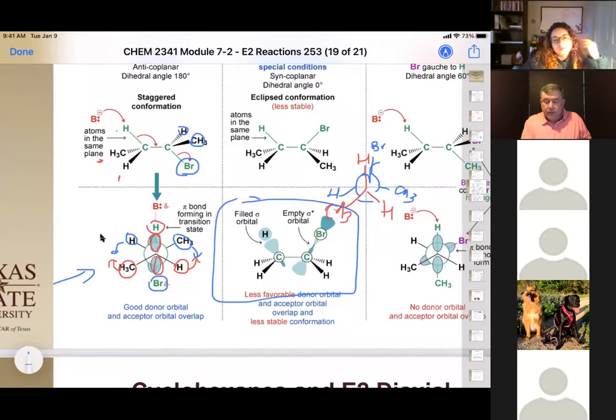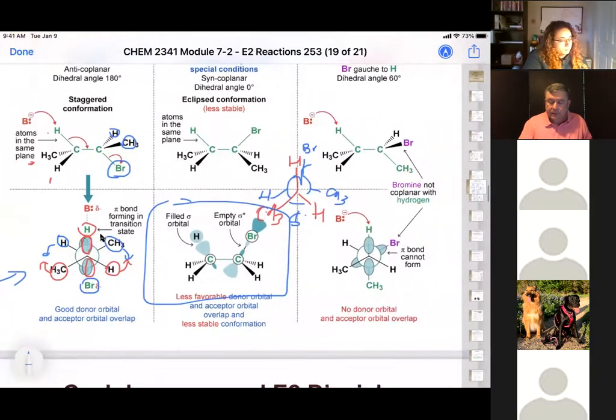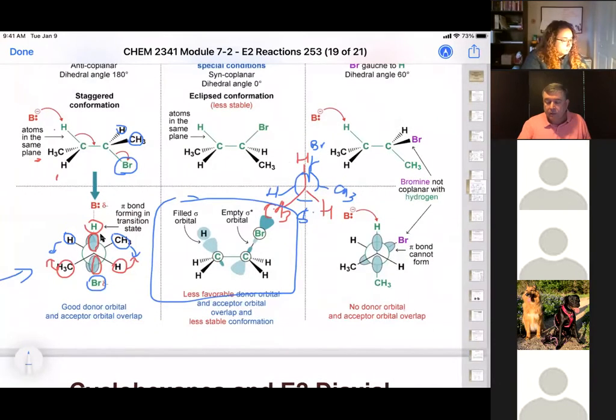Notice this would also give a trans product, but because they are not anti to each other, because they're eclipsed with each other, that doesn't make a favorable energetic response to being able to form this bond. So we always want to make sure we have them anti to each other to determine our stereochemistry. Now, one of the other ways to do it is, let's say we don't have them aligned at all, and we have this hydrogen here that is staggered with the bromine here.